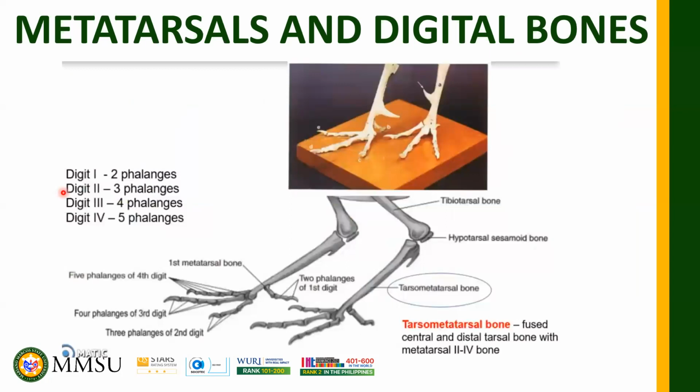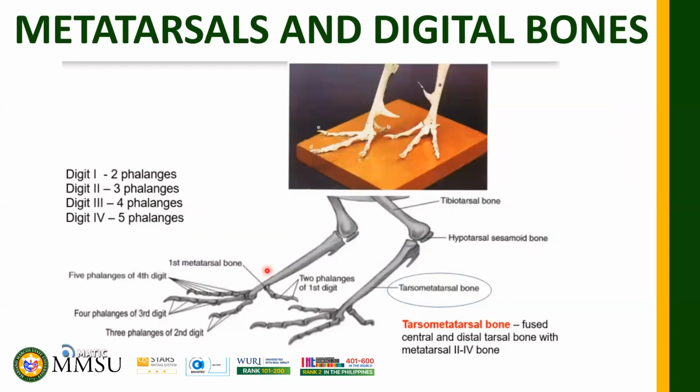Then, last one, we have the metatarsals and digital bones. Okay? Here in our birds, the central tarsal bone and the distal tarsal bones are usually fused with metatarsals 2, 3, and 4, now forming the tarso-metatarsal bone. So meaning to say, there are no individual tarsal bones in birds. Okay?